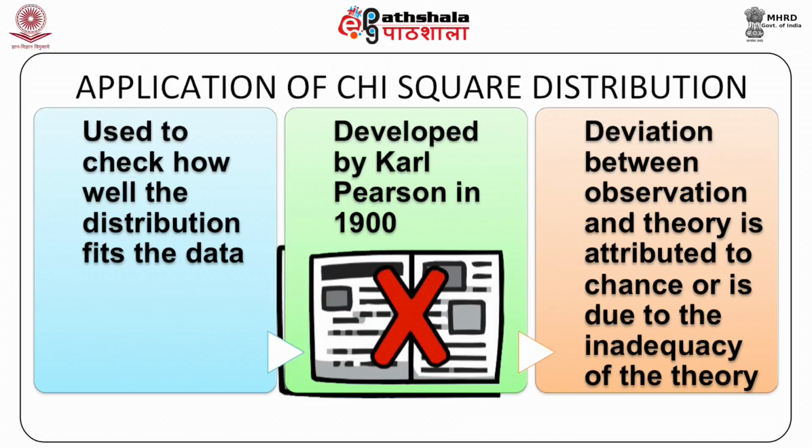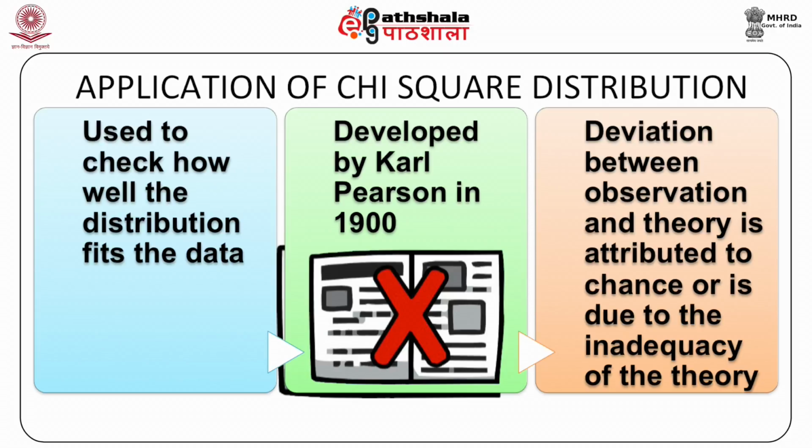This test, developed by Karl Pearson in 1900, is used to test whether the deviation between observation, that is the observed value, and theory, that is the expected value, is attributed to chance or is due to the inadequacy of the theory to fit the data.